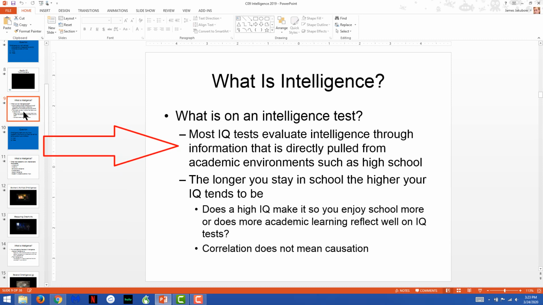There are minor differences between them, but the tests are so similar that you can actually take your SAT value and convert it directly into an IQ score. Or if you had taken a specific intelligence test, there are conversion routines that will immediately transfer that number into an expected SAT value. So why is high school information placed on intelligence tests?